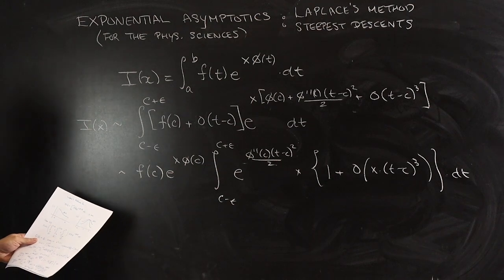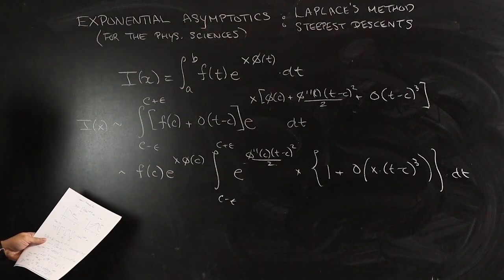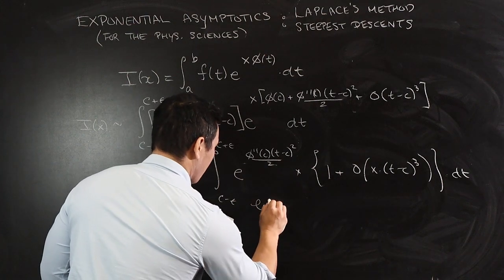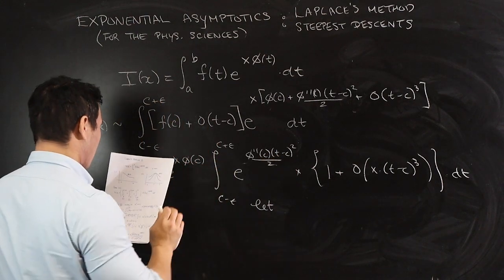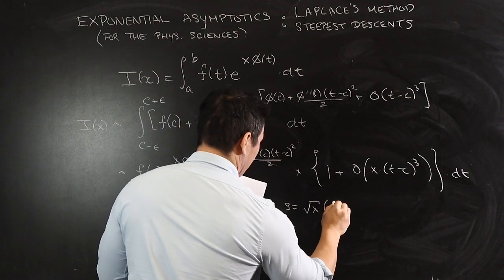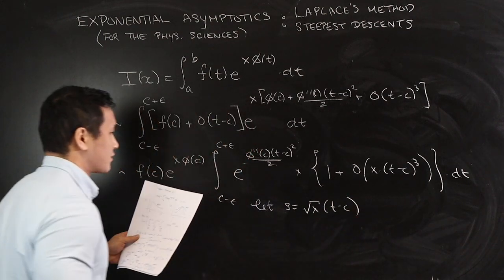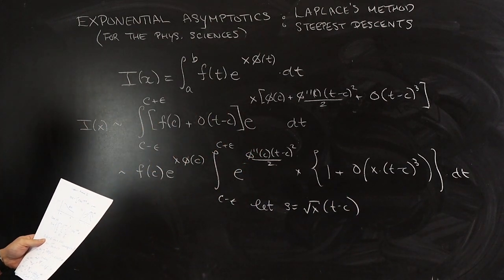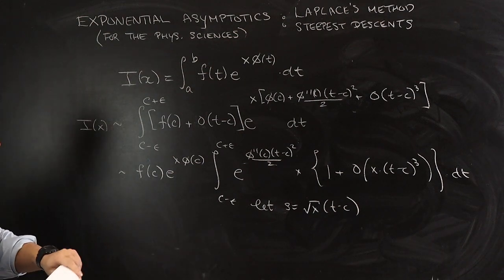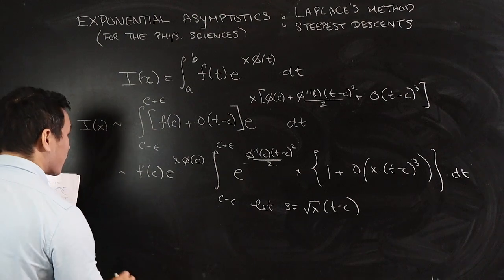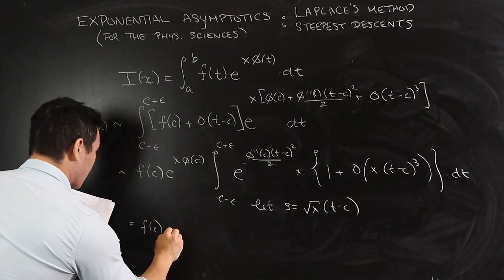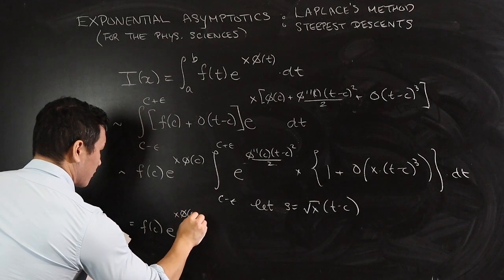Okay? So you can then make a judicious transformation here. The kind of obvious one is to make this one look more and more like a Gaussian. So if I let s be root x times t minus c, then I'll start to get s squared. And sure, I'll go one extra step here. So this is then f of c e to the x times phi of c.